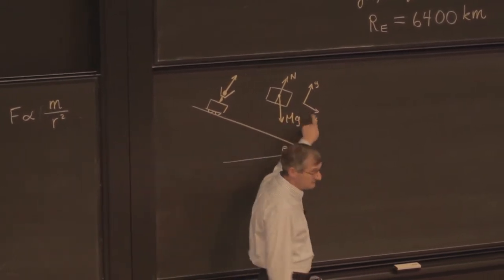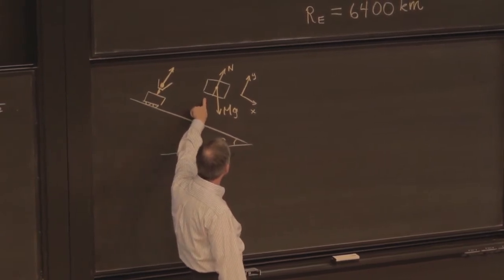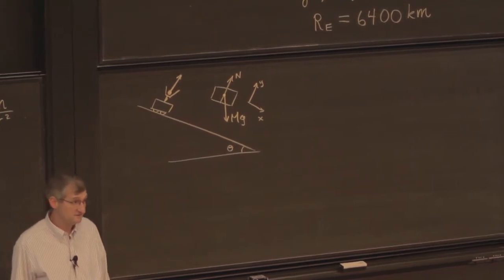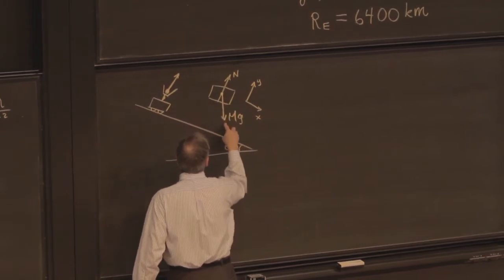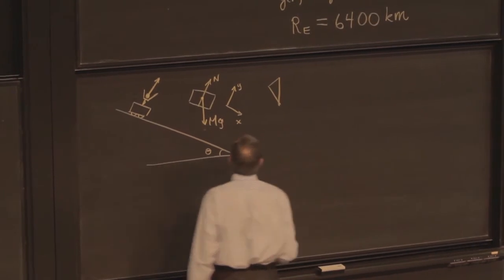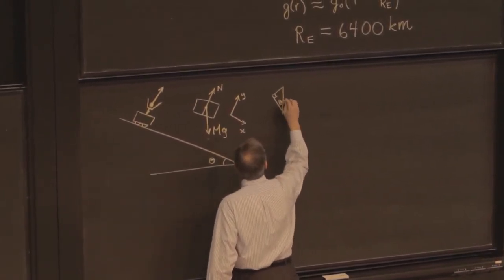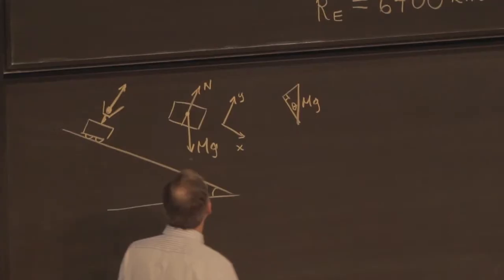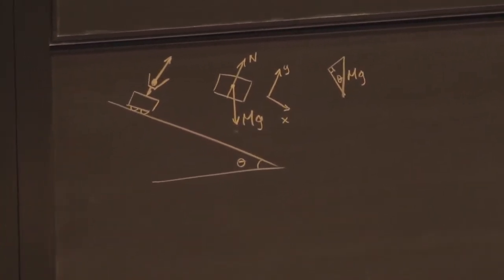if this is my coordinate system, then isolating in the x direction, I only have one force. And that force is gravity. So I can decompose the force of gravity into the component that's parallel.